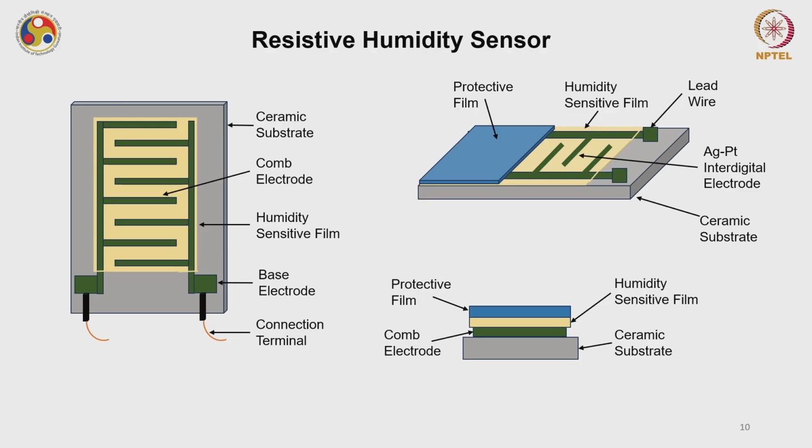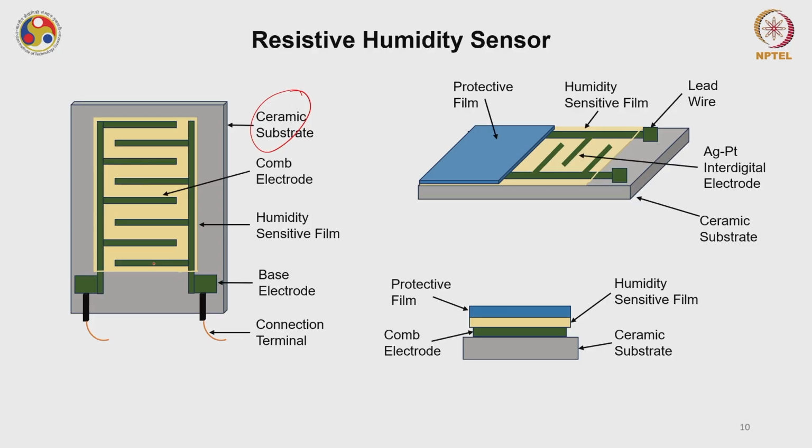You can see that mostly these devices are fabricated on a ceramic substrate to make them cost effective, as well as to repel the water molecules and to ensure that the results you are obtaining are coming from the device. This is the comb kind of structure that you are already acquainted with, and I am calling it regularly interdigitated electrodes, or IDE, or sometimes IDT.